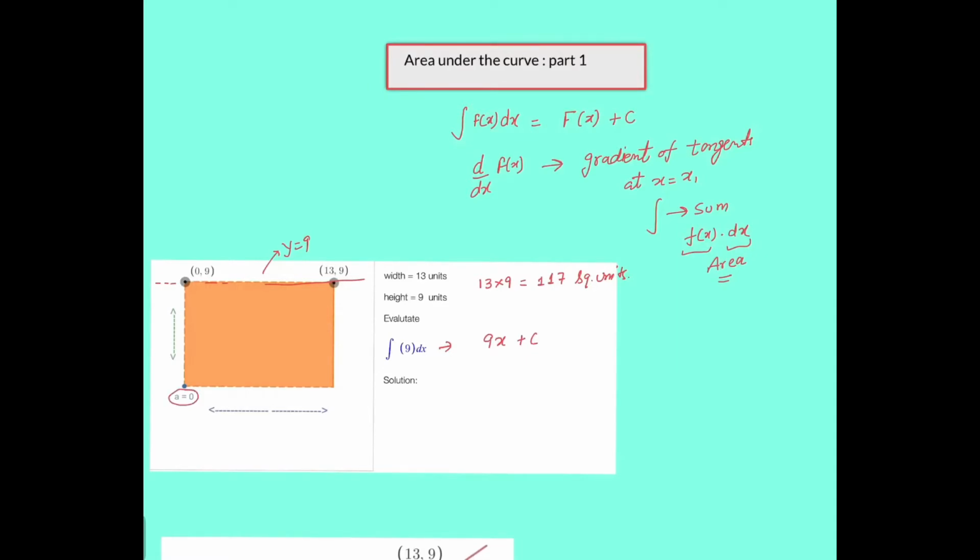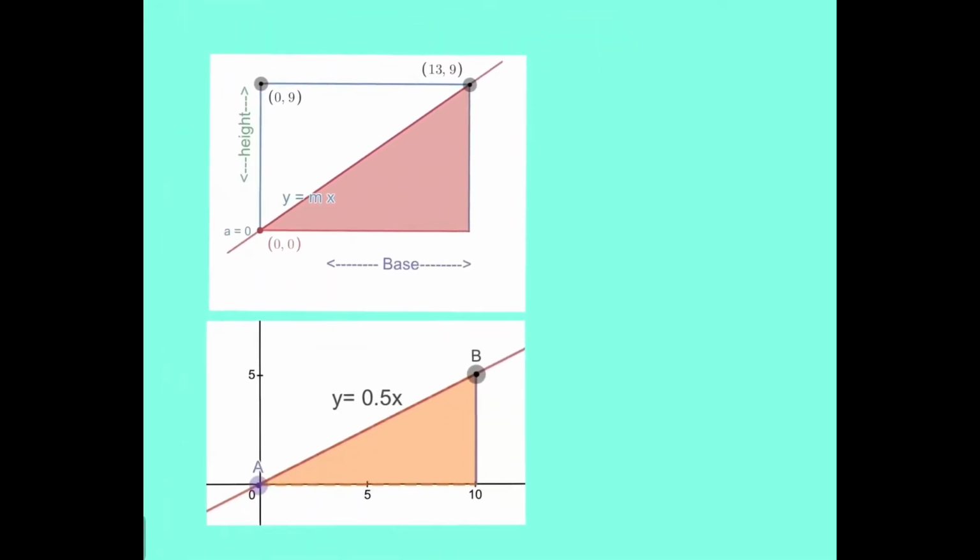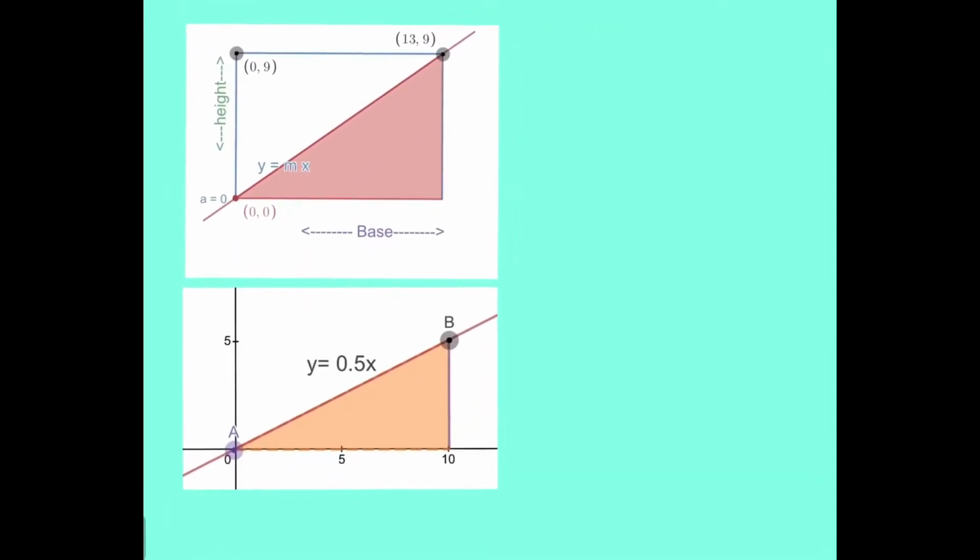But for c, we have started from x equals 0, that's my original value, the origin. That's why I don't need to consider my c, so I will just say it's 9x. And what is x here? Actually, x is the width, so the width is 13 units. So if I multiply 9 times 13, I get 117. That's the same area as we have done in the rectangle.